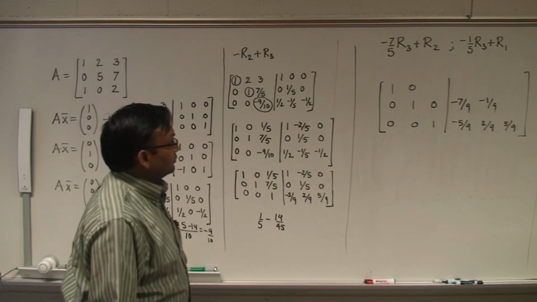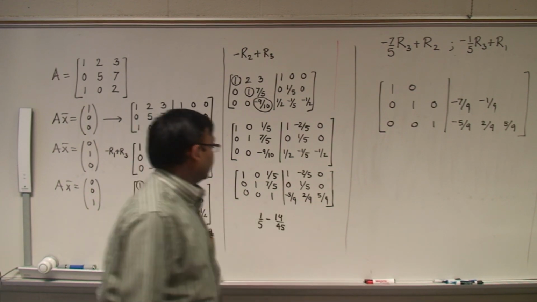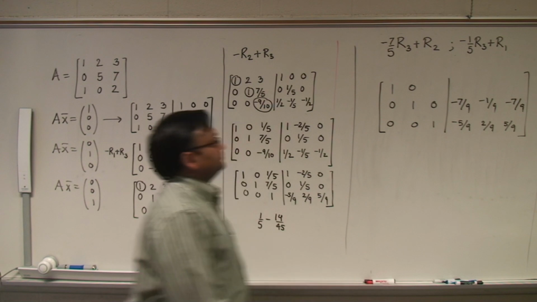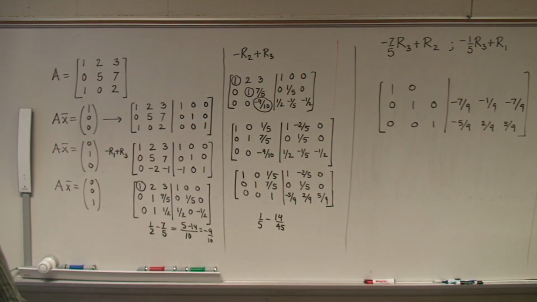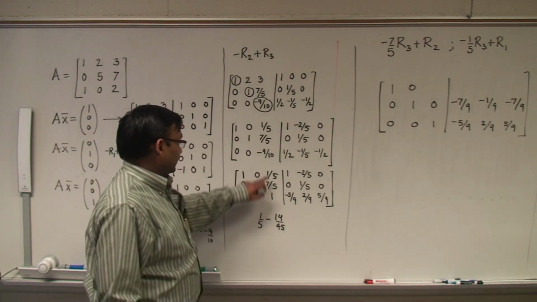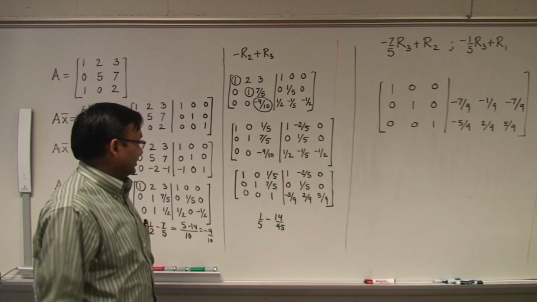And what else do we have? Oh, we have something over here. So minus 7/5 will give me minus 7/9. So this will be minus 7/9. Okay. Now we'll perform it on the first row also. Minus 1/5 added here will give you 0. That is exactly what we wanted to achieve.